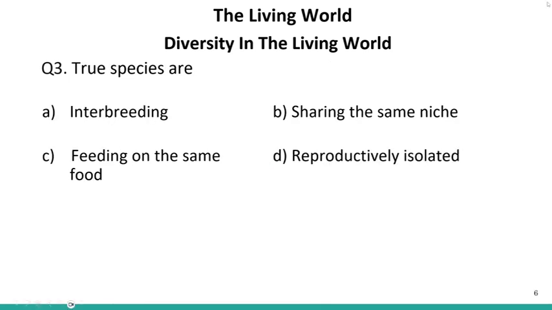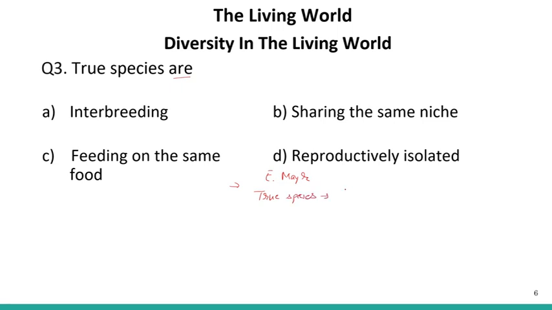Now let's talk about the next question, which is, the true species are. So let's talk about the definition of the true species. The definition was given by Ernest Mayr. How he defined true species?